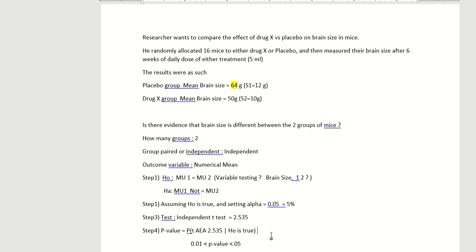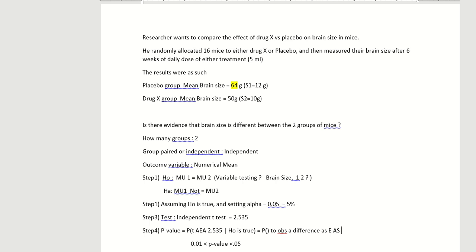I'm going to write again here the definition of this p-value just as a reminder. This is the probability to observe a difference as extreme as the difference we observed, which is the difference between 50 and 14.